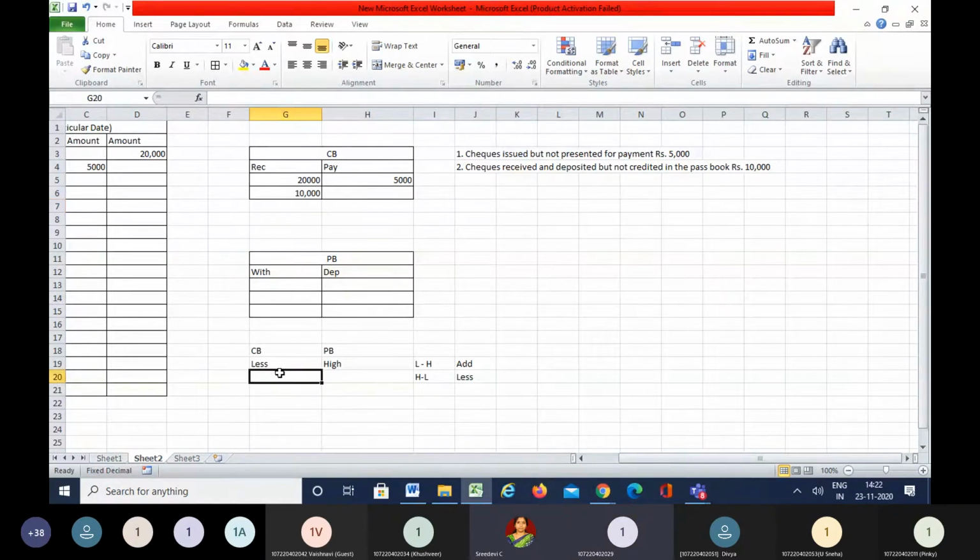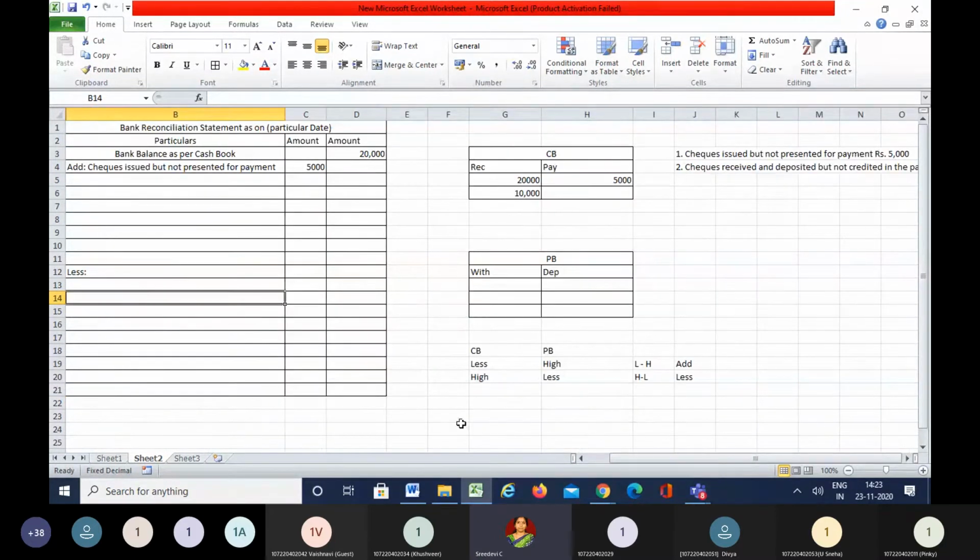So if the cash book is high and the passbook is low, what are you going to do? Higher to the lower, we have to less. So in the reconciliation statement here you are going to mention this as checks deposited.